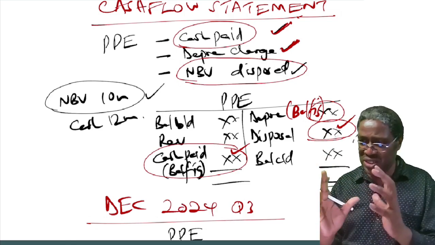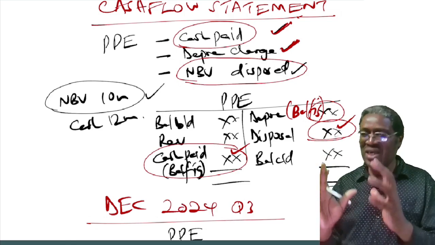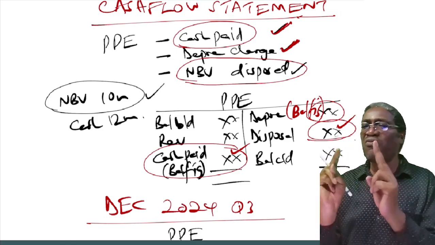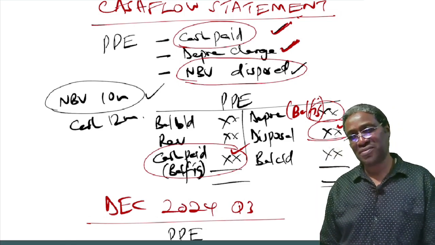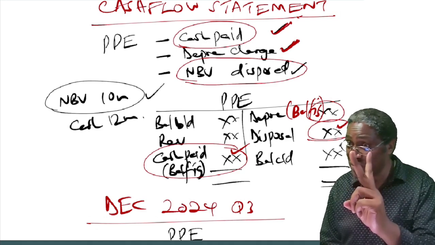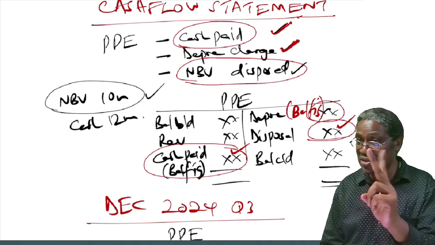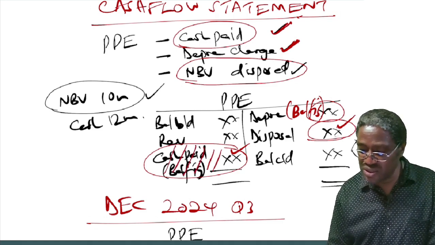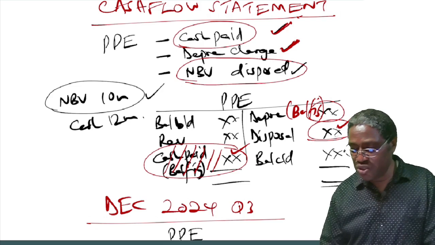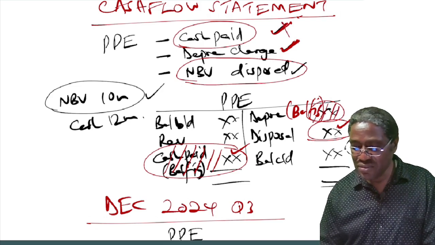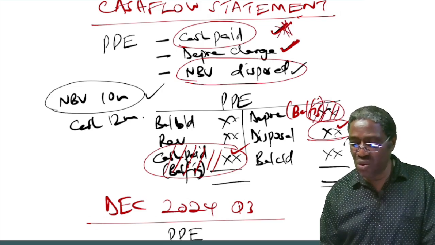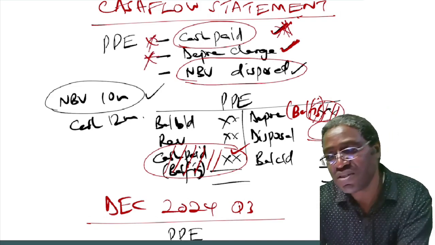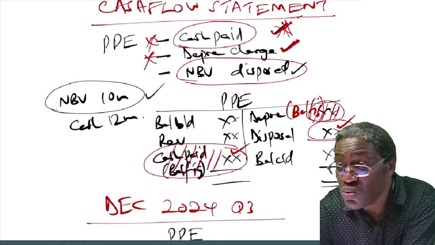The question is this, listen, what if 2 of those things are not given? Meaning, suppose you're not given the cash paid to acquire new ones, and you're not given the depreciation charge for the year. How do you get the 2?